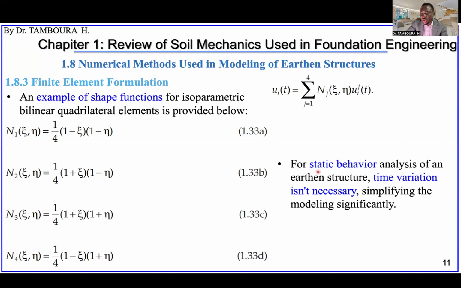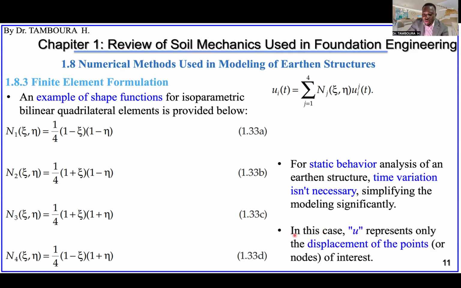So in case of static behavior analysis of any structure, the time variation isn't necessary. We will not need any time variation. Okay, and that will help us to simplify the modeling significantly.